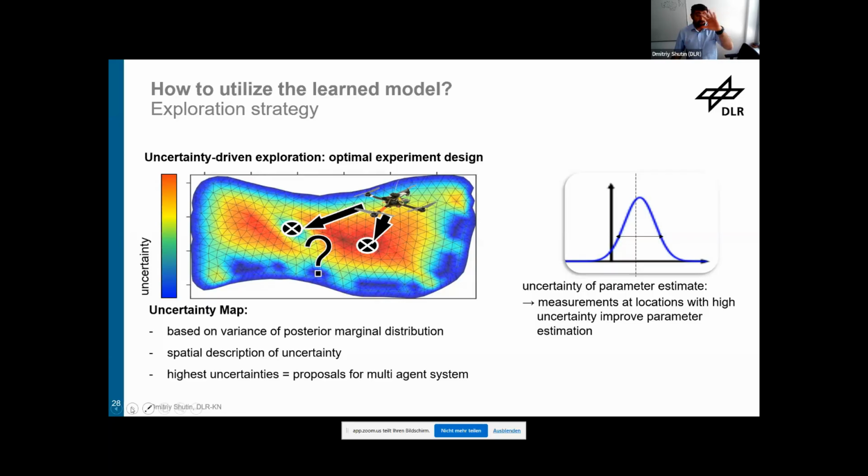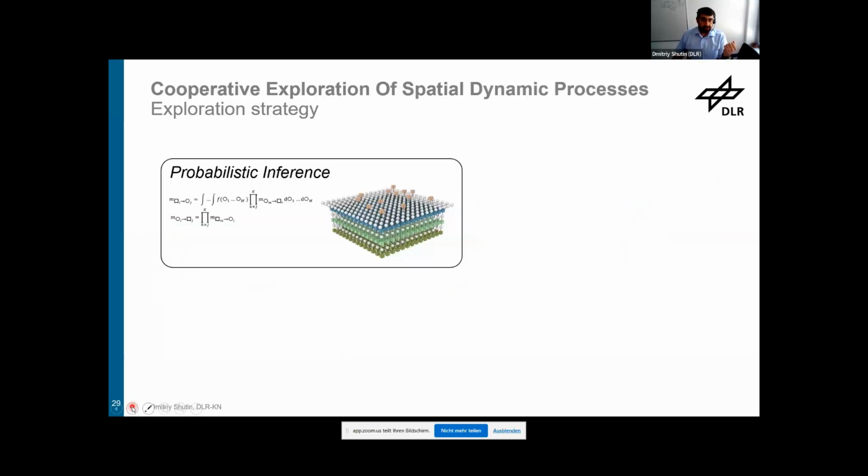And since the parameters actually represent coefficients over space, so discretization coefficients that represent our spatial or continuous functions, we can actually plot the distribution of uncertainties over the space that we are exploring. And this is the tool that we use to define the exploration strategies.